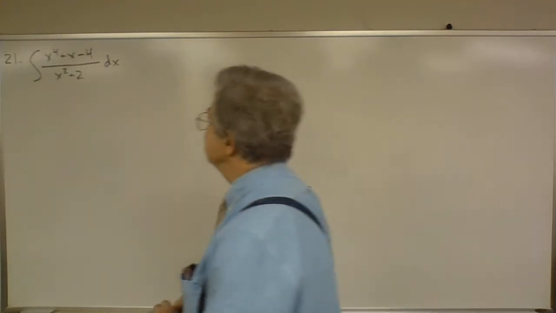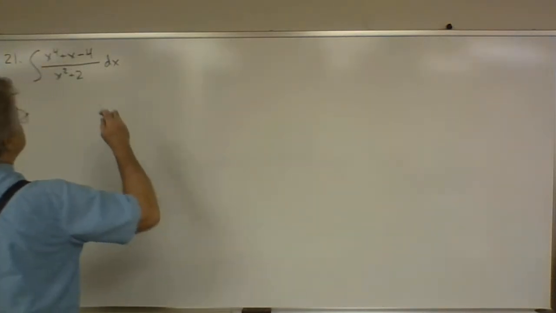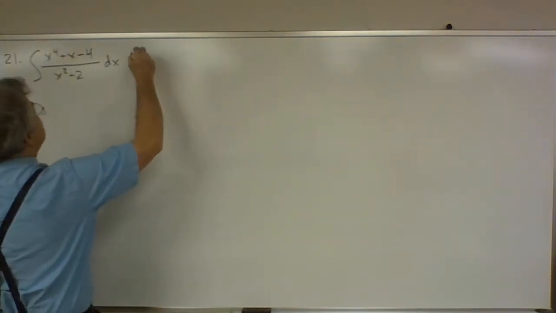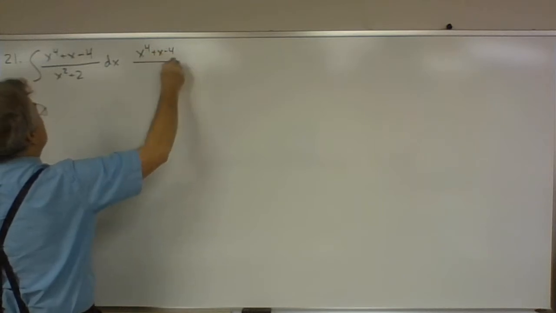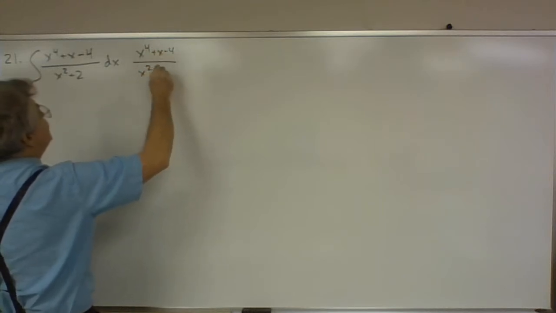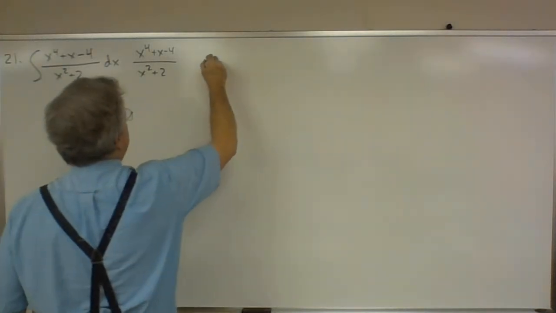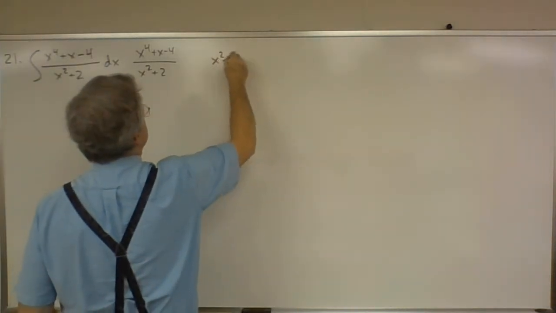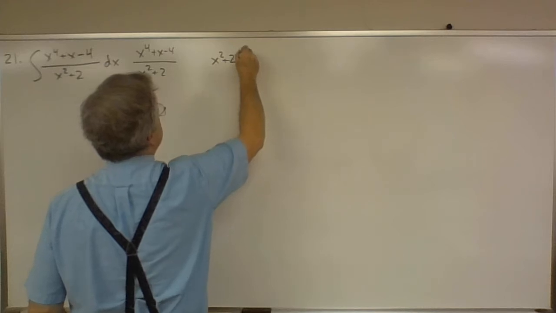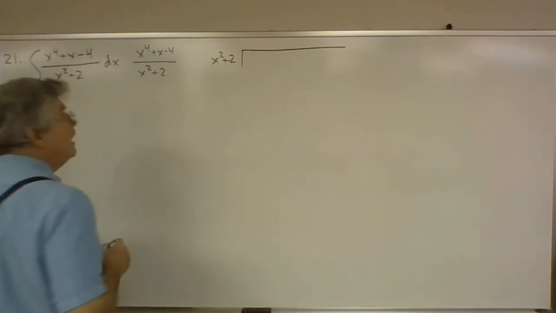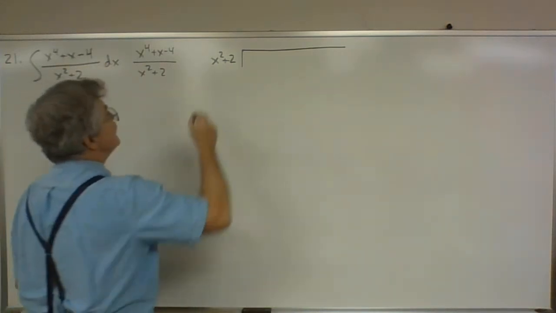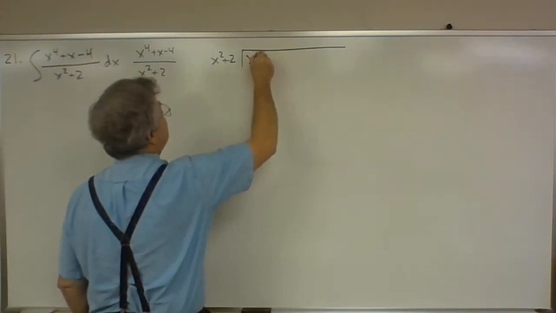So let me write this down. x to the fourth plus x minus 4 over x squared plus 2. And I'll write my divisor, x squared plus 2, and I'll write my dividend, x to the fourth.